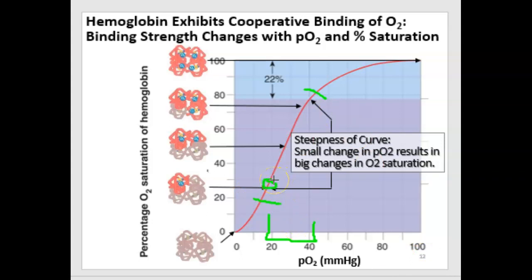But because hemoglobin is changing its shape to facilitate more oxygen binding, and because there's just a small increase, 10 millimeters of mercury, that takes you all the way to 50%. So you went from 25% saturation to 50% saturation just by changing the PO2 by 10. And if you change it by 10 again, you get all the way up to about 75%. It takes a little longer to get to 100%, and we'll look at why that is.